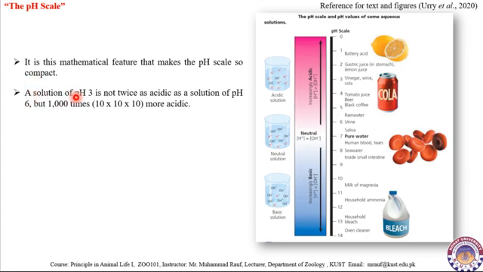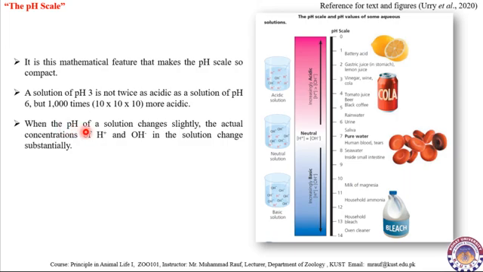So a solution of pH 3 is not twice as acidic as a solution of pH 6, but 1000 times, because there is a tenfold increase or decrease in acidity per unit.